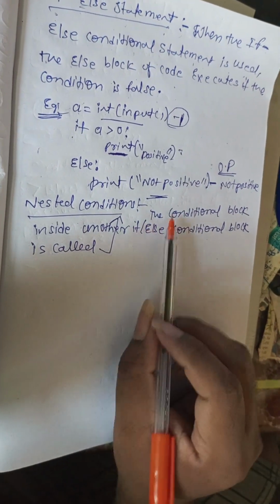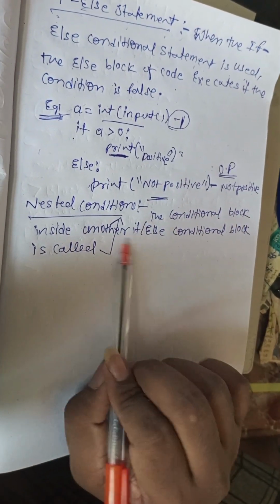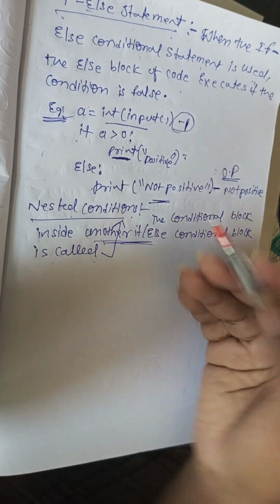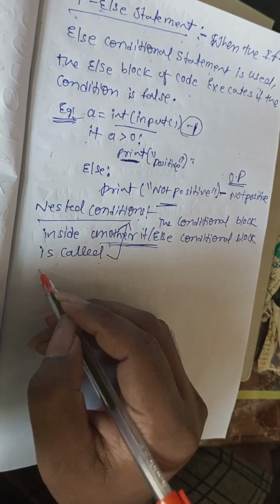What is nested conditions? The conditional block inside another if-else condition block is called nested conditions. So for better understanding, take an example.